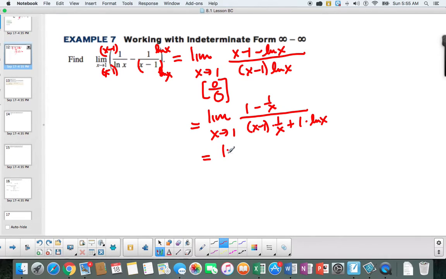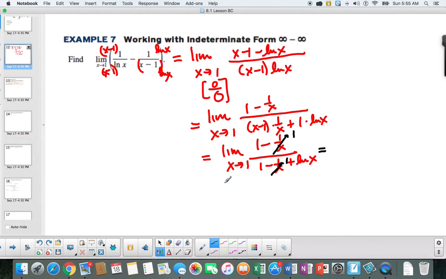So now I'm going to have the limit as x approaches 1 of 1 minus 1 over x, and if I distribute, I'm going to have 1 minus 1 over x plus the natural log of x. Okay, as x gets close to 1, this is going to go to 1, and this is going to go to 1, and we're going to have 1 minus 1, which is 0, and down here we're going to have natural log of 1, which is 0.